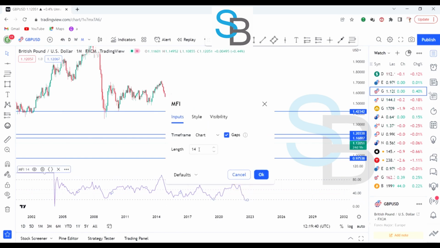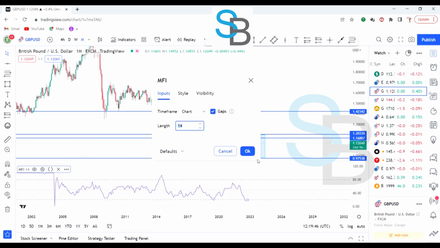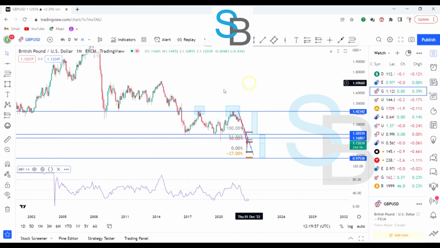Okay, so the MFI measures volume and plots a line between 0 to 100 for a certain period. When we click this, we see that the period here is 14. So just like how we spoke about periods when we were looking at the other indicators, this one also works with periods. You can also expand the period or reduce the period based on what you want.